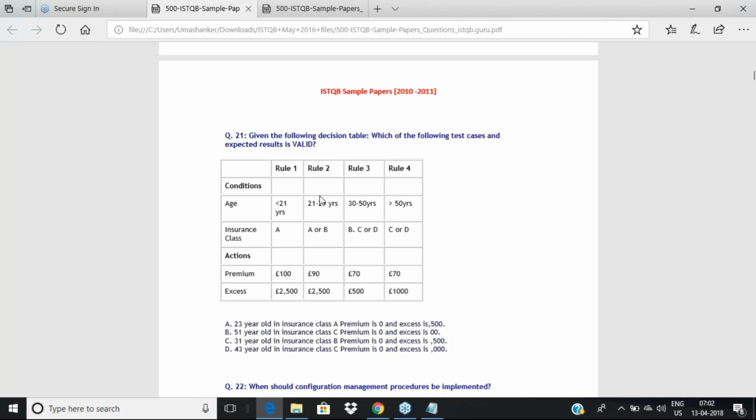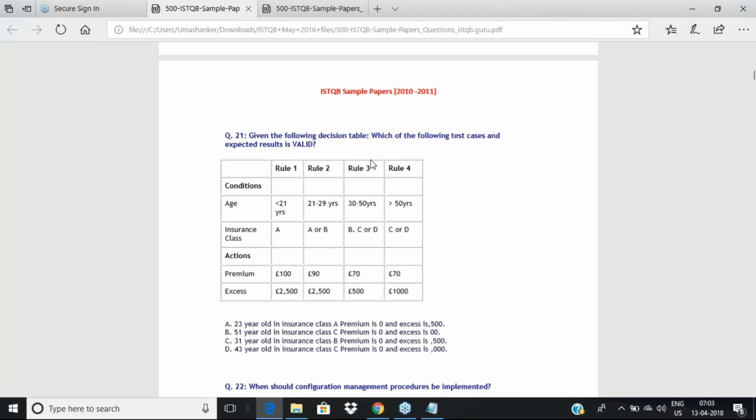Rule 2 says, all the insurance companies will have this kind of underwriting rules. Rule 2 says age is between 21 and 29 years, policy A can be applicable, policy B can be applicable, and the premium is 90 and excess is 2,500.